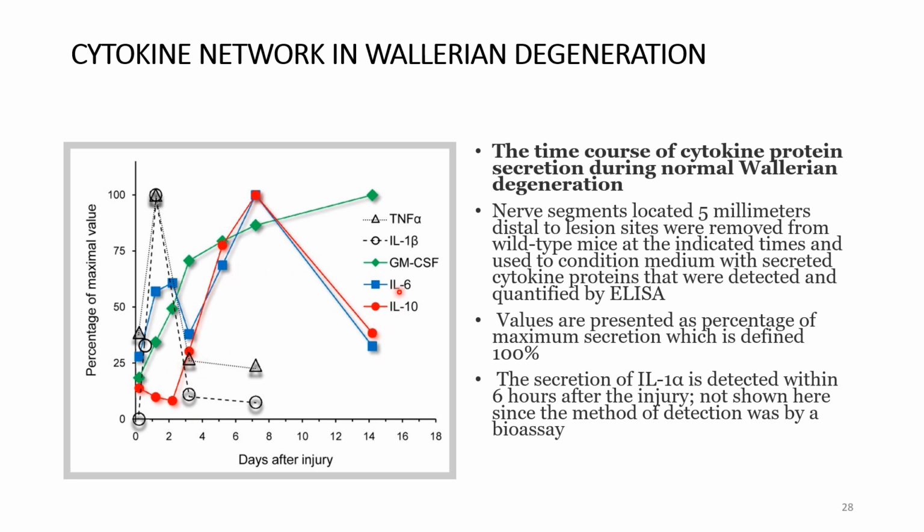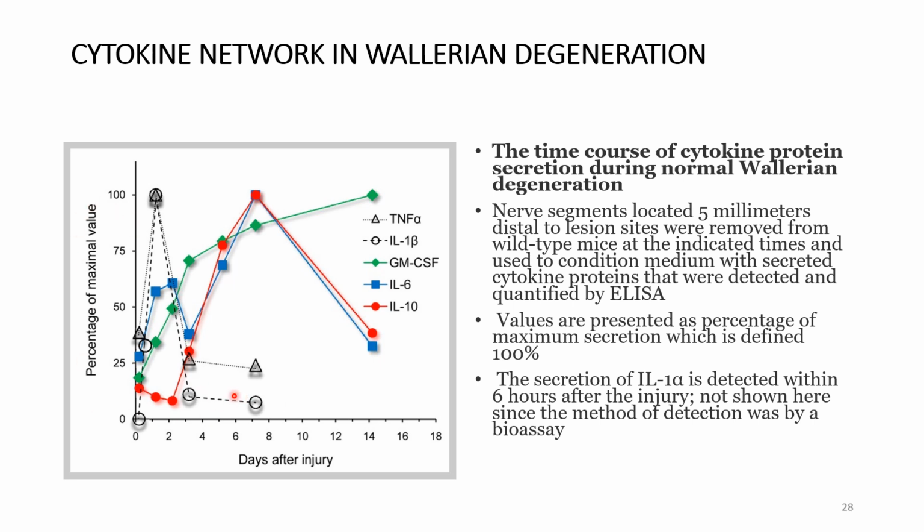Then this one is interleukin 6, the blue colored one. Then this is GM-CSF. Then this round one is interleukin 1 beta and TNF alpha. So both interleukin 1 beta and tumor necrosis factor alpha are immediately rising within 1 to 2 days after injury, then falling between 2 to 4 days after injury.